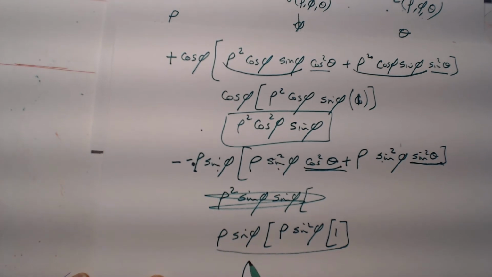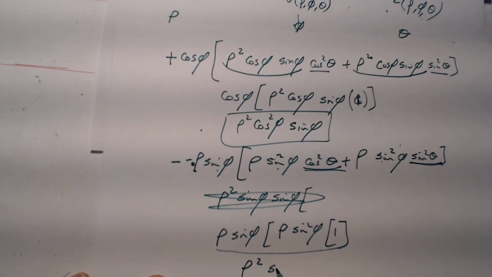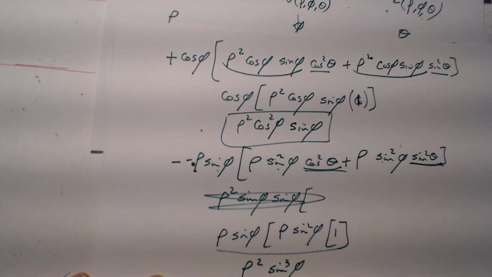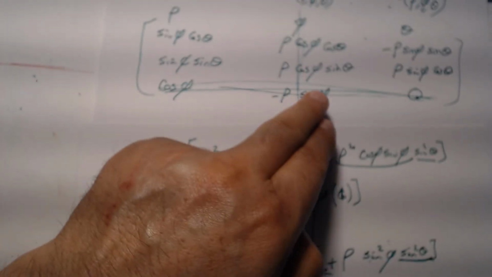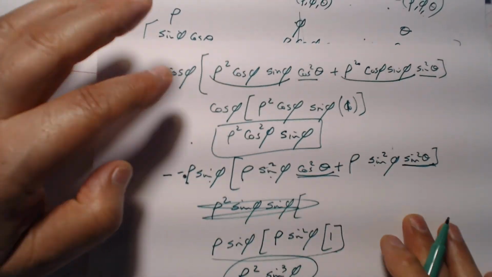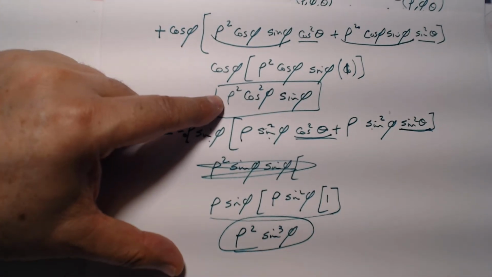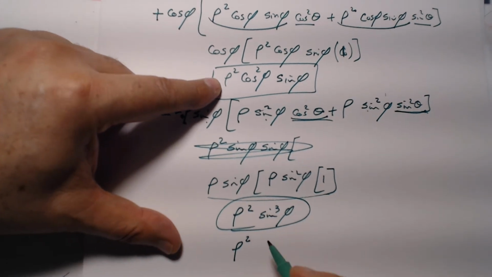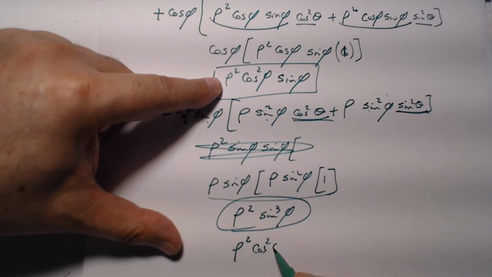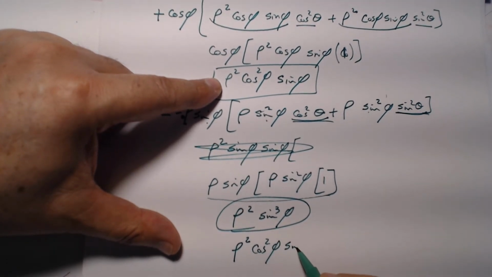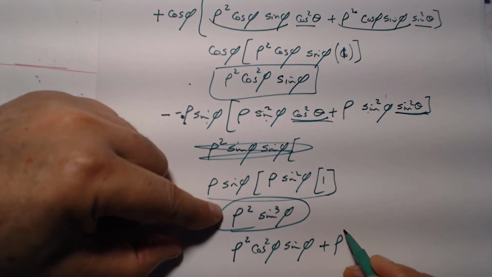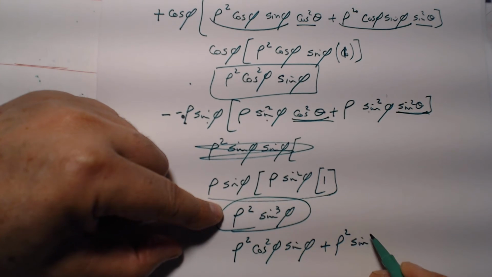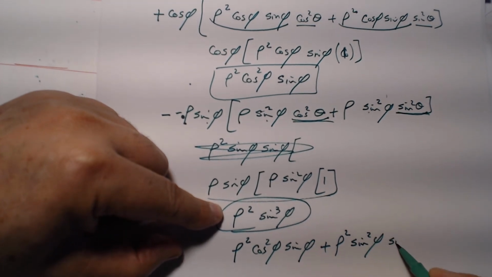Between these, I have rho squared sine cubed of phi. This one is for that one, and this is 0. Therefore, I need this one, and I add them together. I have rho squared cosine squared of phi sine of phi plus rho squared sine squared of phi sine of phi.